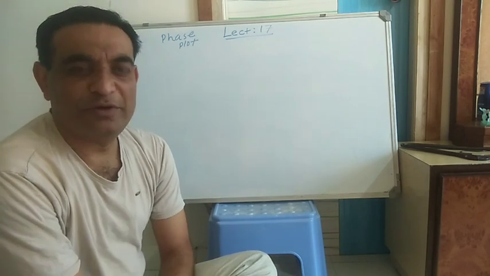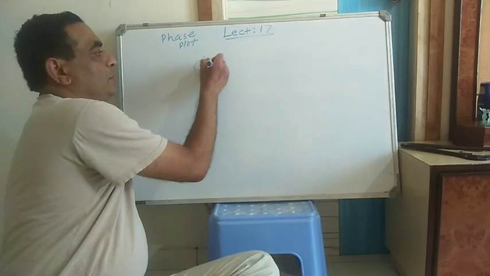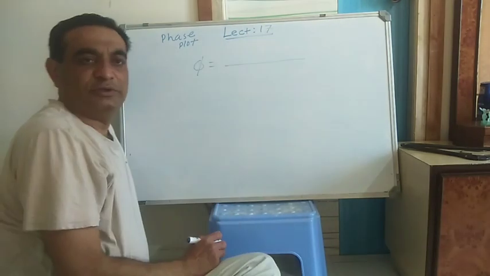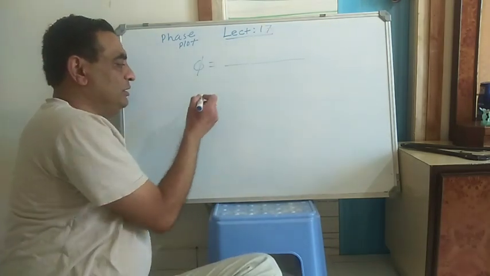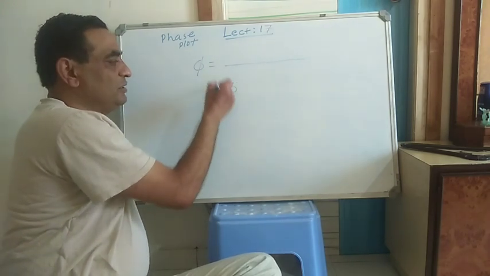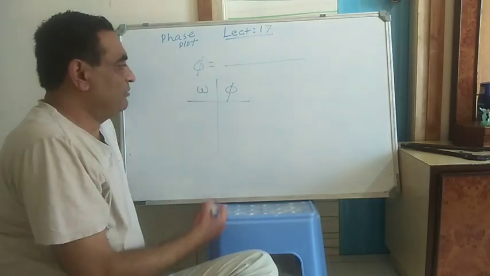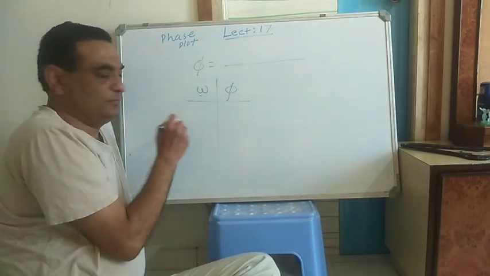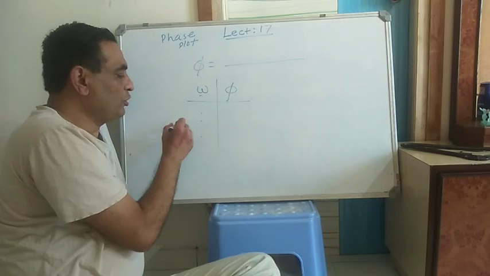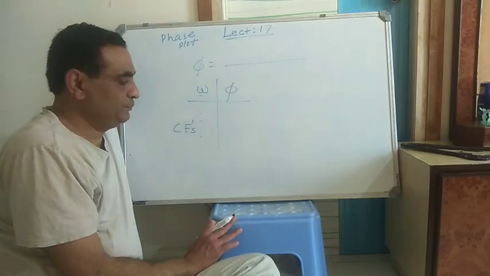Once you have the phase equation phi with you, then you draw a table. You calculate the phase for different values of omega, and while selecting the omega you include all your corner frequencies. That would be better for you.